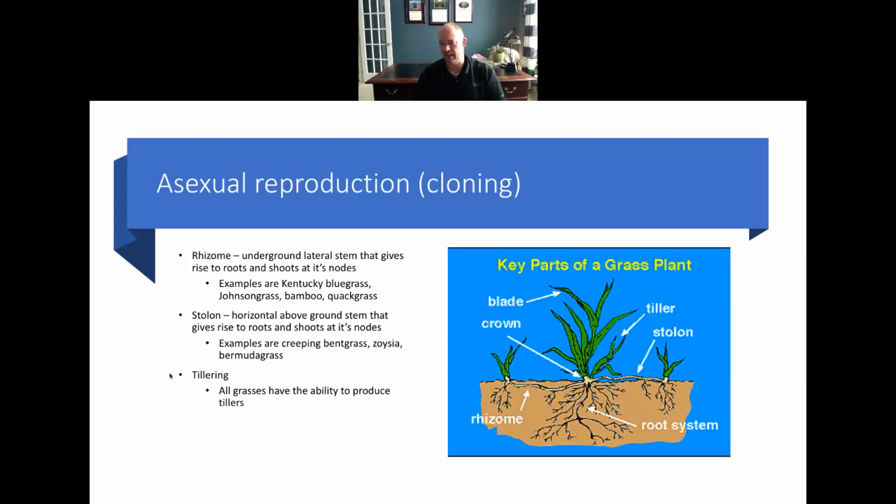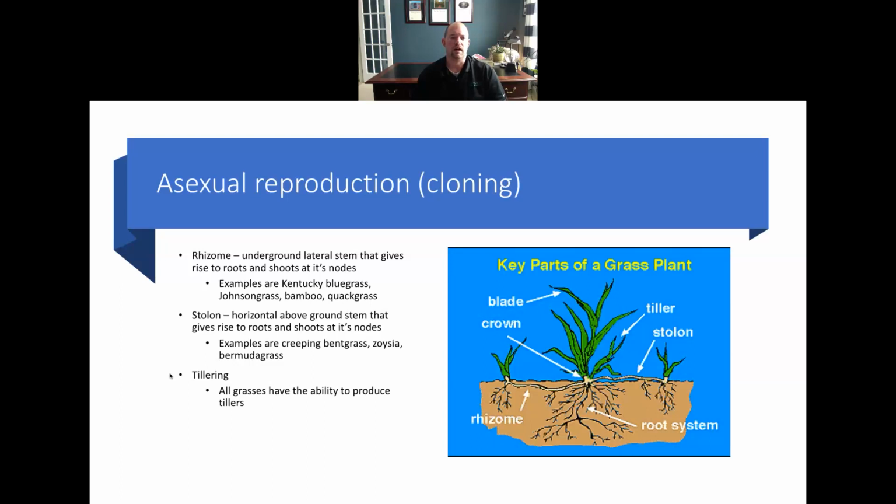We don't always think about that, but when we see the little seed head form on there, the first thing that comes out is what's called the inflorescence, or the flower, and then the flower is what actually gives rise to seed. So a grass plant could not produce seed if it didn't flower. It is a flowering plant, an angiosperm, versus a gymnosperm.